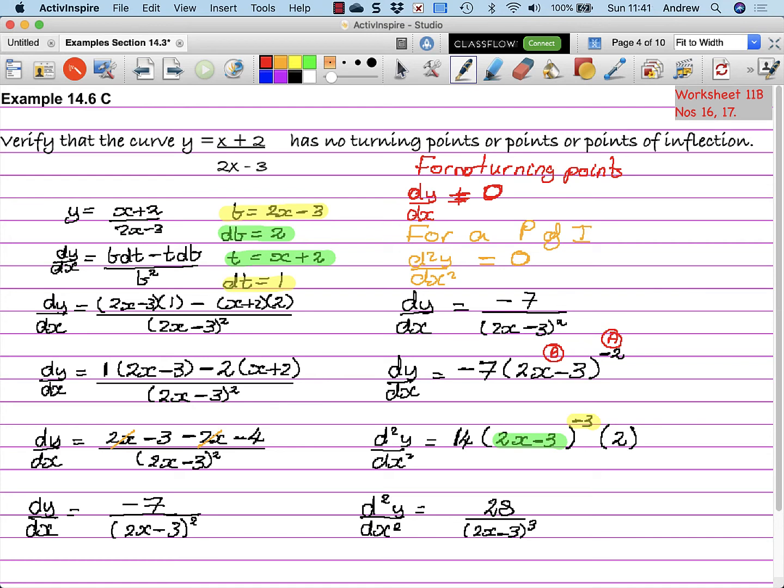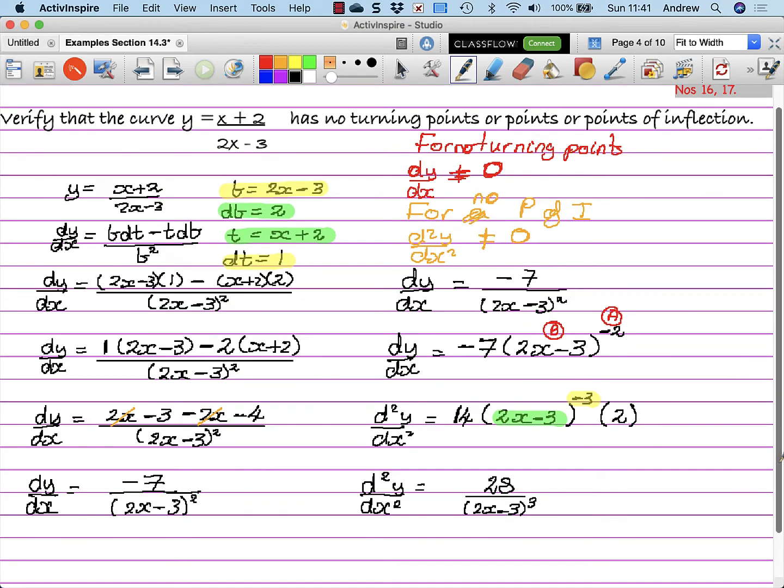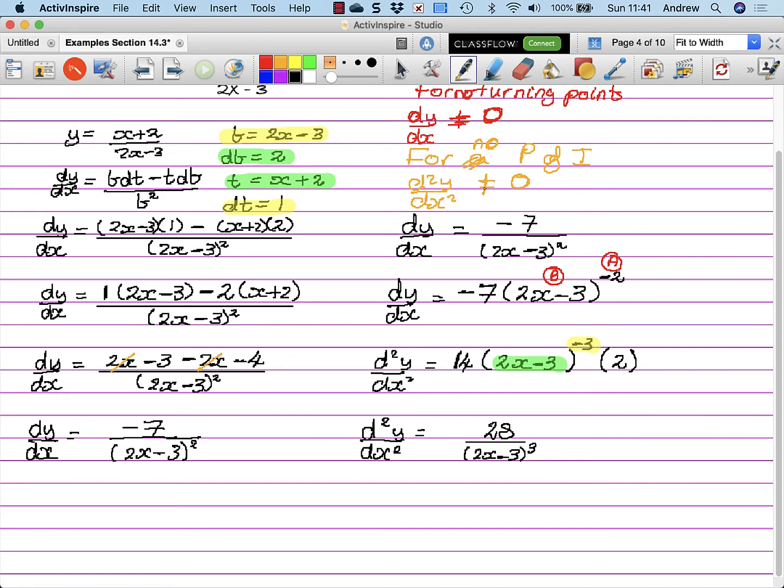And for a point of inflection, we're not doing that, we're doing no points of inflection, which means d2y by dx squared is not equal to 0. So what I'm going to do now is write here, finishing off. We know what the two formulas are, so now we're going to use them.